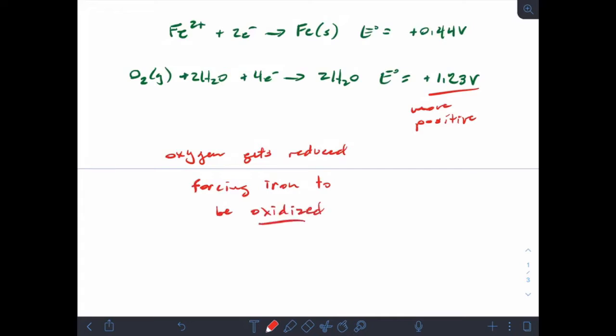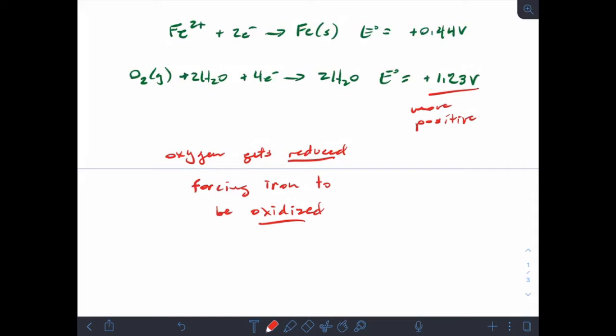And because of the reduction potentials, this is a spontaneous thing. When you have two things put together and you look at their reduction potentials, the one that's more positive will take over and be the one that gets reduced. And this is spontaneous. So anytime you want to know whether something will corrode something else, you're looking for, is this going to be an oxidation?